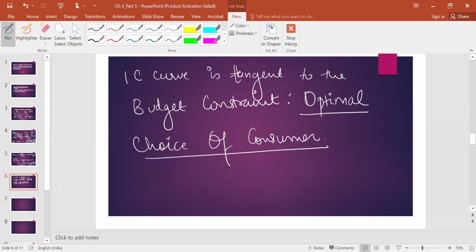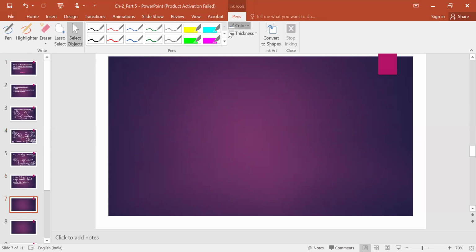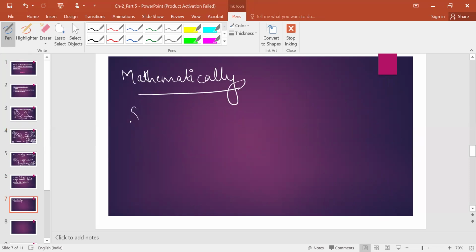Now, let's understand it mathematically also. Okay. So mathematically, as we can see, the slope of the indifference curve is the marginal rate of substitution. What is this?